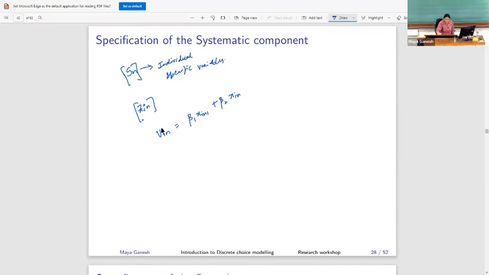And I could say V_jn is beta 1 x_jn1 plus beta 2 x_jn2, etc. Most of you I think made that point as well. So just like in regression analysis, linearity in parameters is not a restrictive assumption.